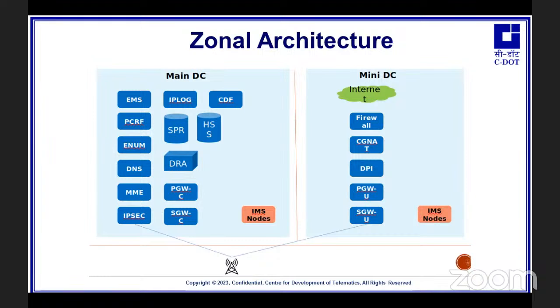Mainly the signaling plane or control plane nodes, same as EPC and IMS, will be put in the main DC. And in the mini DC, the IMS data plane nodes, firewall, CGNAT, DPI, PGW data plane, SGW data plane will be put. This is the overall thing.